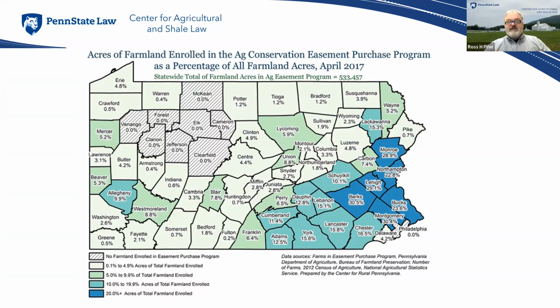But it's still interesting you see Berks County, that almost a third of the agricultural land is enrolled in the program. And as you get into western and northern Pennsylvania, the percentages are considerably lower. And again, a lot of this is intuitive, but it still is interesting just to look at the numbers.